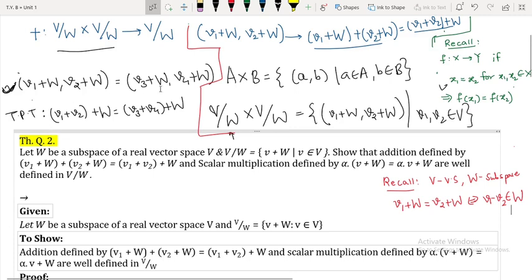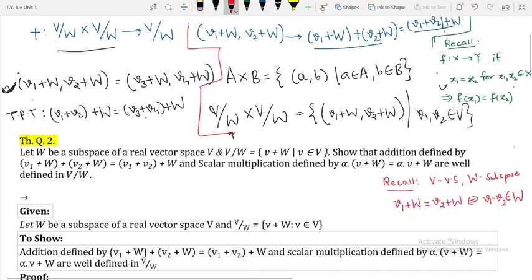Now to prove this, we are going to use this logic. So in order to prove this, what do I have to show? Now here I have to show two cosets are equal. So since this result is if and only if, what I will try to show is that the subtraction of the representatives belongs to what?